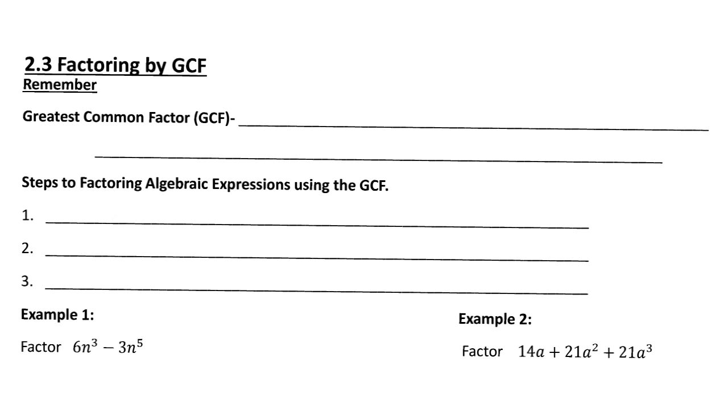Okay, and our steps to factoring are first to find the GCF of the polynomial, and then we want to factor out that GCF. What you're really doing is undistributing. So factoring out is the same thing as undistributing.